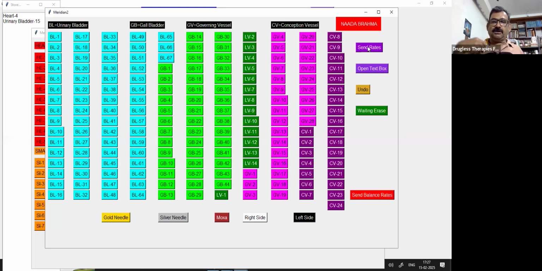I can tell you about pulse reading, but it's very difficult, because you need to learn it practically through a guru. It is like using our sixth sense. But muscle diagnosis is very easy.